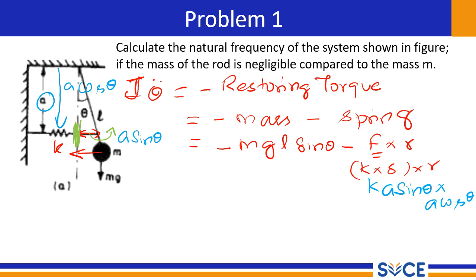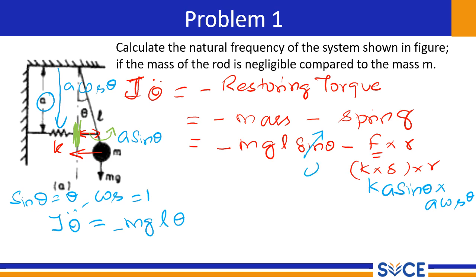If the deflection is very small, we can write sine theta equal to theta and cos theta as 1. So we can rewrite this equation as J theta double dot equal to minus mgl theta, minus k a theta into a times 1.